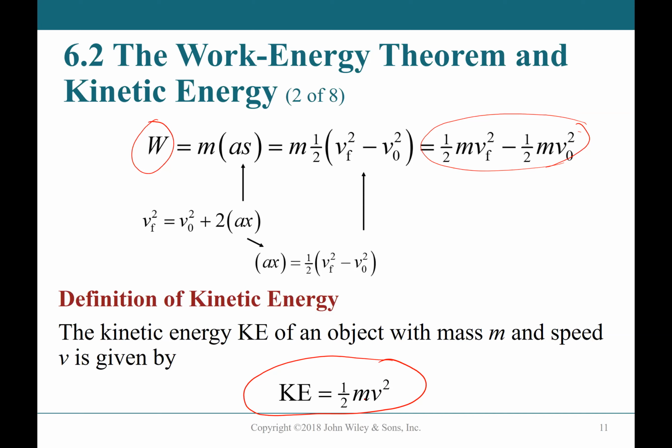If you look at this 1/2 mv squared, you'll notice that I have that up here, 1/2 mv squared final minus 1/2 mv squared initial. So this is clearly a change in the kinetic energy, because 1/2 mv squared is kinetic energy. So I have final minus initial.